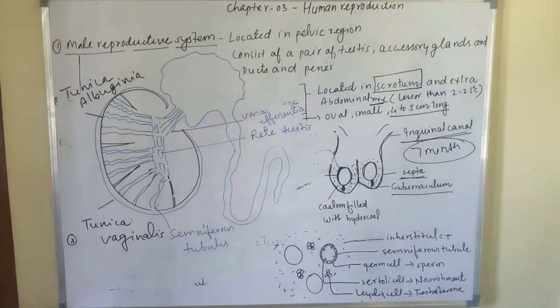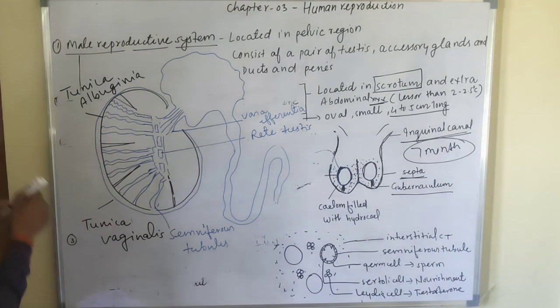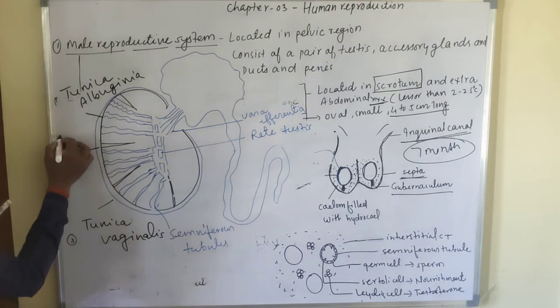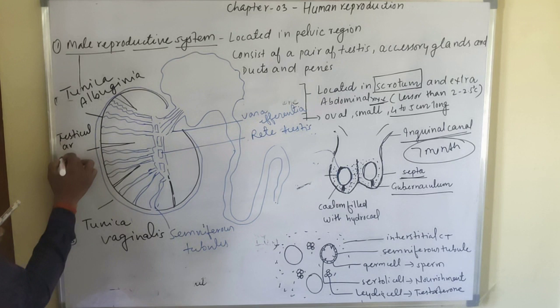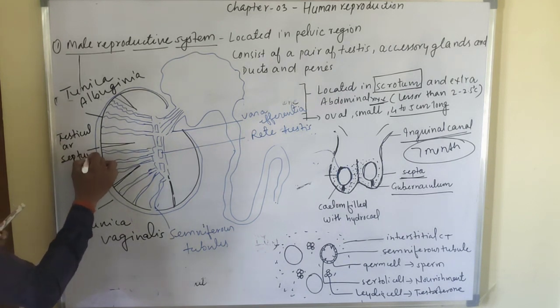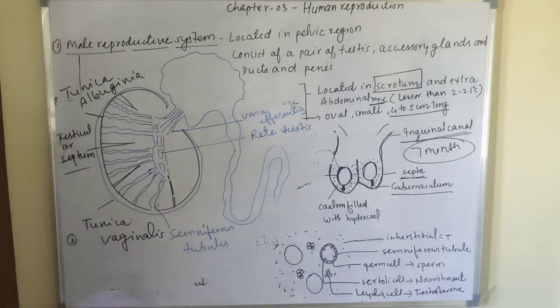So these are certain kinds of layers we can say here. And next, we mention these certain kinds of structures. This one is known as the testicular septum. So these were the structures.